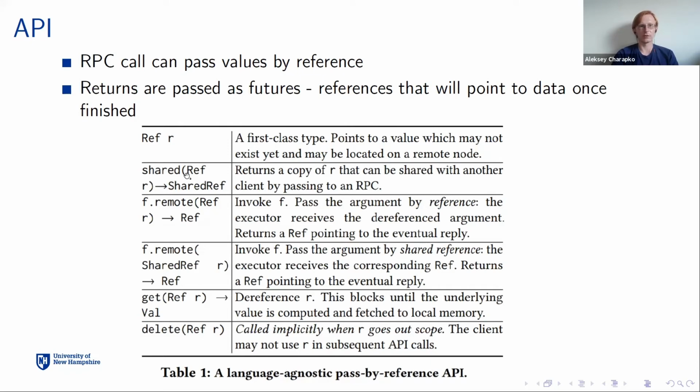Shared reference takes this reference and makes it passable in an RPC, which really puts it into the storage. The remote call is the invocation of this function f on the remote machine. It passes the parameters by reference, and it will receive the reference to the return value.